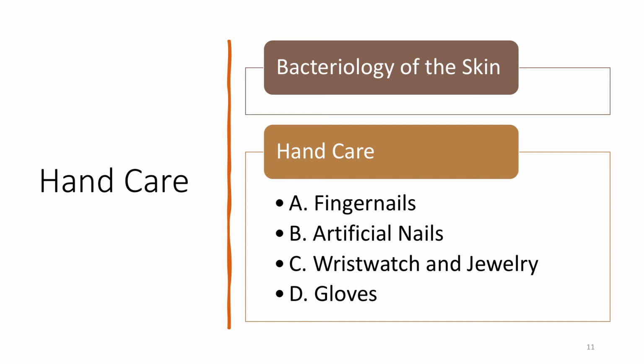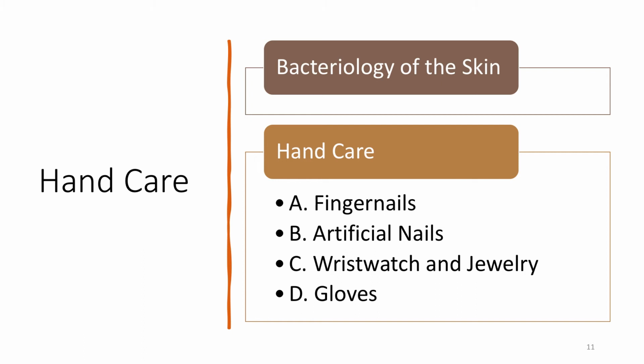Then we have our transient bacteria, and that just reflects the continuous contamination by touching things. Okay? So we have resident bacteria, that's what's normally just there, and then we have transient, and that's from touching things.